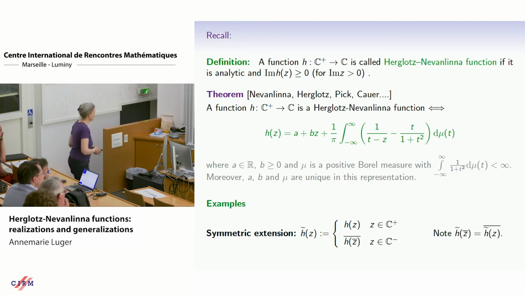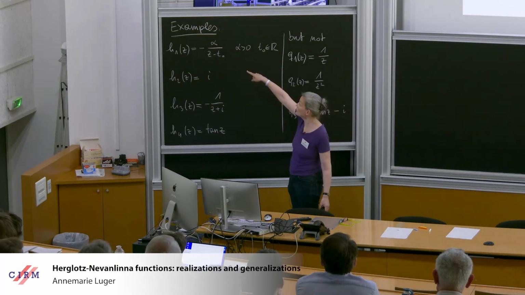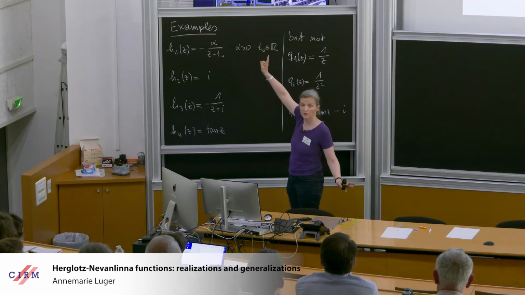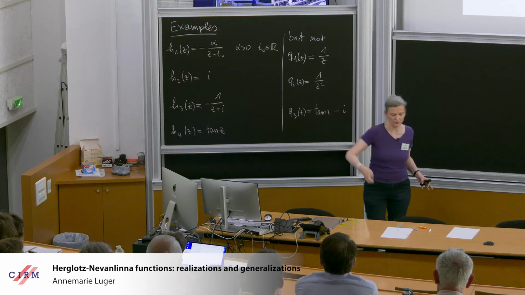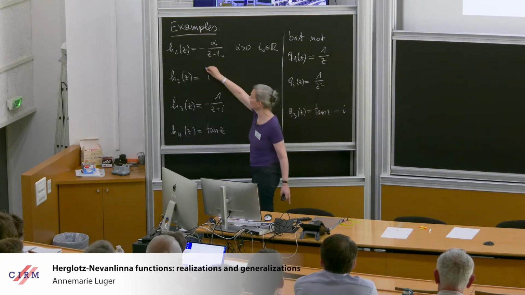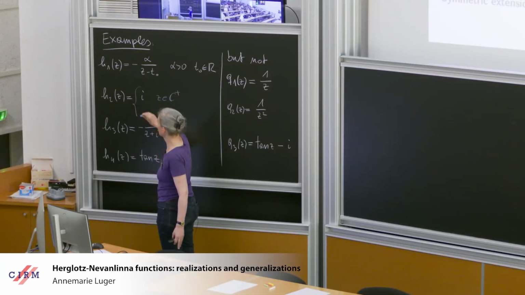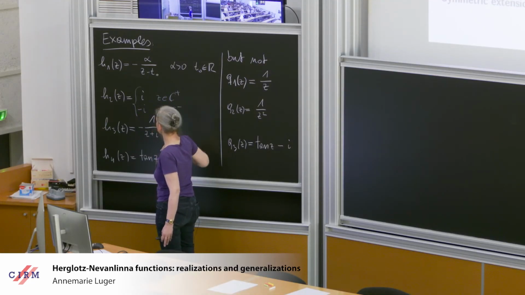So for my examples here, what would this extension be? For the first one, it's simply the same function. There is nothing complex happening here. For the second function, if this is for theta in the upper half plane, then I have to take minus I for theta in the lower half plane.